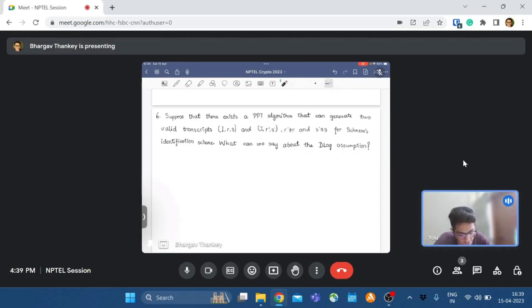So over here the commitment I is the same in both cases. However, R prime is not equal to R and S prime is not equal to S. So suppose there exists a PPT algorithm that can generate two such valid or accepting transcripts for Schnorr's identification scheme. And the question is, what can we say about the D-log assumption? That is, does the D-log assumption hold or does it not hold?